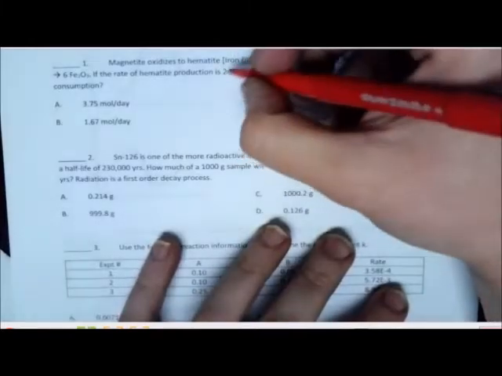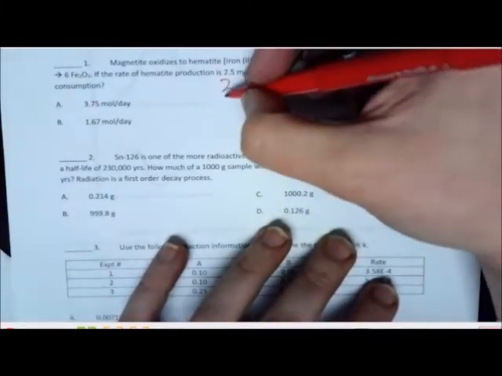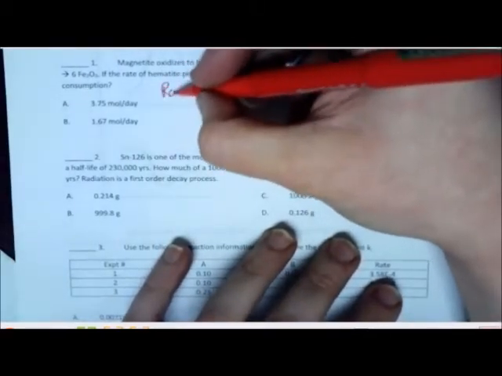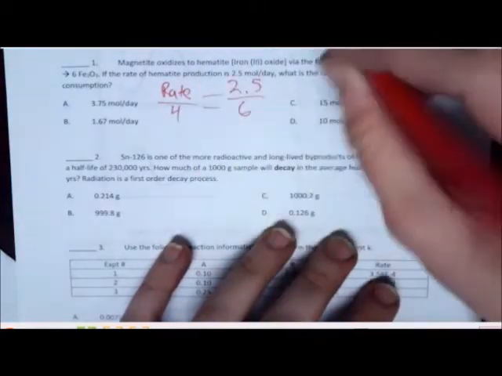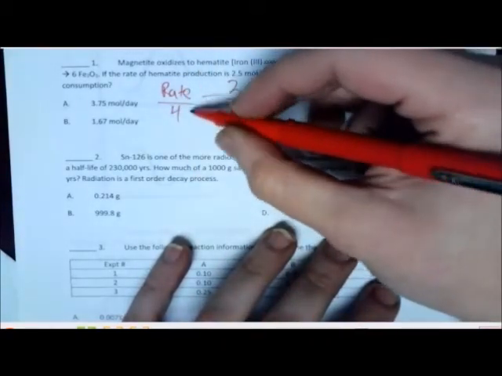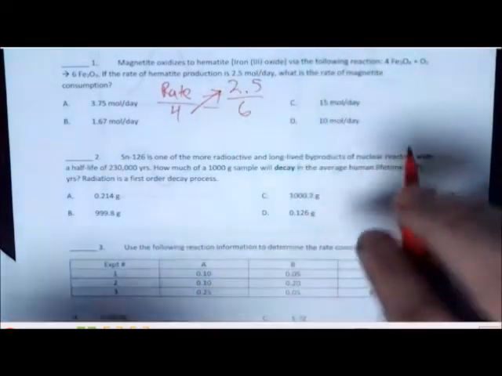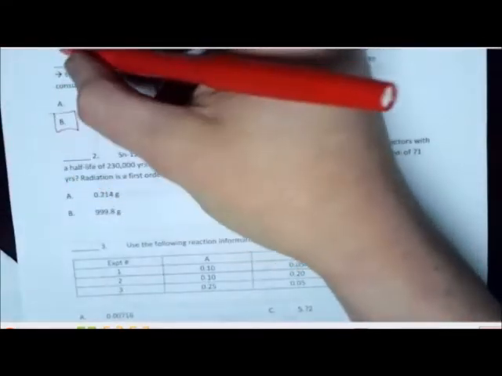So I can simply put that rate 2.5 over 6 is equal to the rate of magnetite over 4. Cross multiply, and 2.5 times 4 over 6 is 1.67 consumption per day, or B.